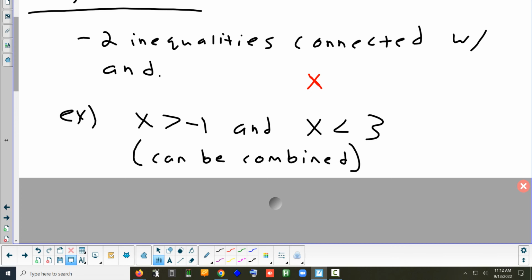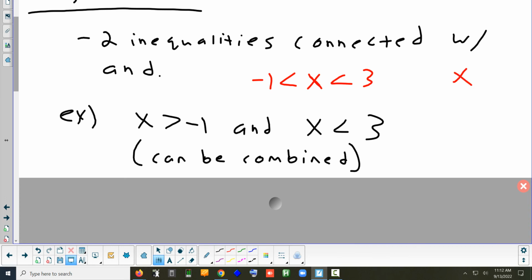Yeah? What I do is I put the x in the middle, and then I do the one where, like, the small side on the left, less than, right? Yeah. I do one on each side. And then I do the smaller number on the left, so -1, and then the bigger number on the right. Perfect. Yeah. So that's one way you can do it.